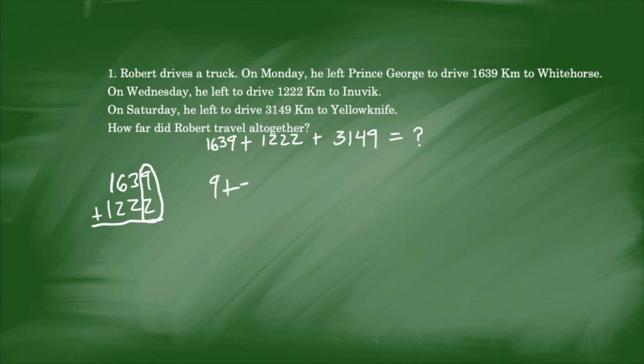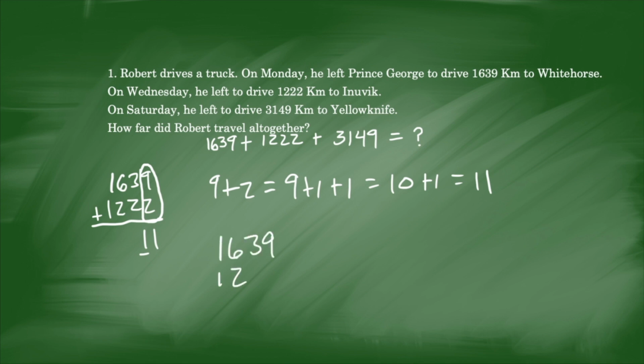9 plus 2, which is 9 plus 1 plus 1, which is 10 plus 1, 11. If we put an 11 down here, we can see that this 1 has gone to the 10 place. So it's actually better to write it with a 1 here and carry the 1 up here. Now it's time to add the tens together.